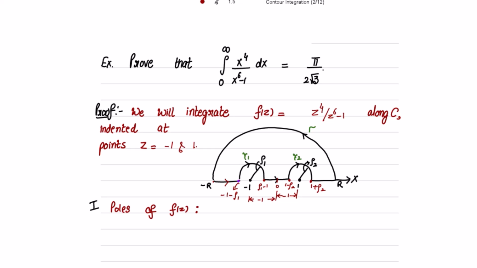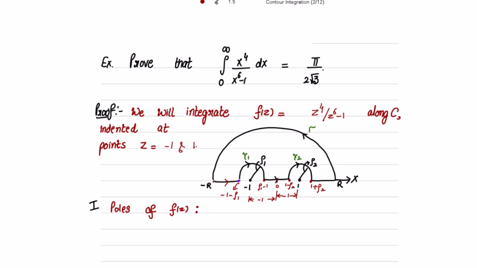So we will integrate first along the real axis from -r to this point, then along this semicircle gamma 1, and then again along the real axis. And then again along the semicircle gamma 2, again then the real axis, and then finally along the semicircle tau, right?